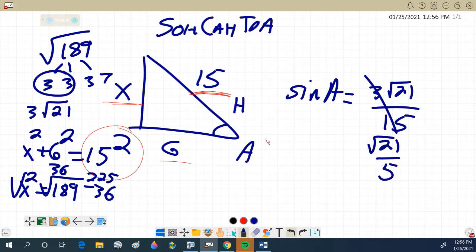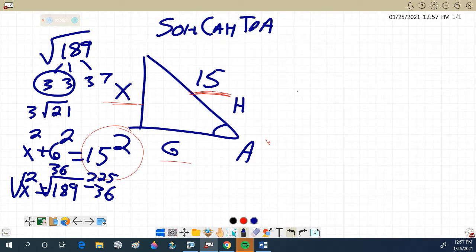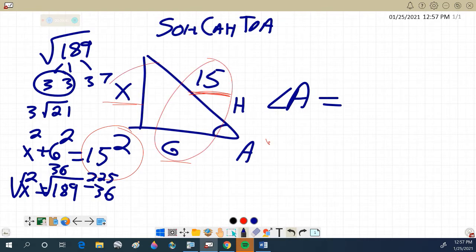Okay, now, what if it asked for angle A? Now, I probably wouldn't use this because it's a little more complicated. But if I said angle A equals what, that's when you do the inverse sine or cosine. So you could do cosine, you could do sine, or you could do tangent. I'm going to choose cosine because I don't want to plug a square root into my calculator.